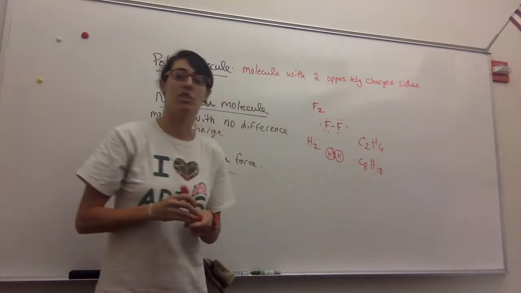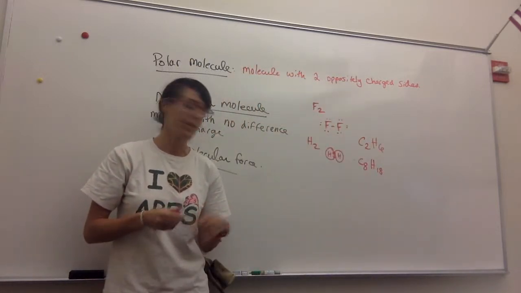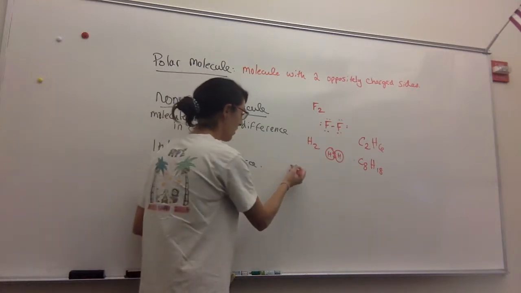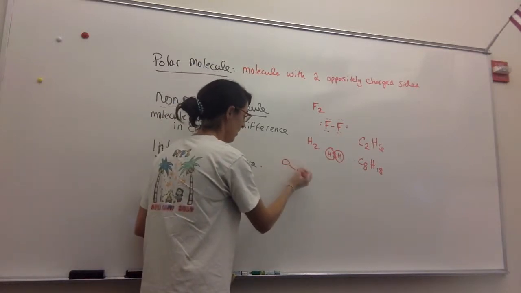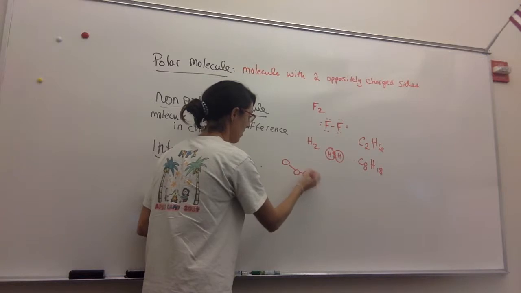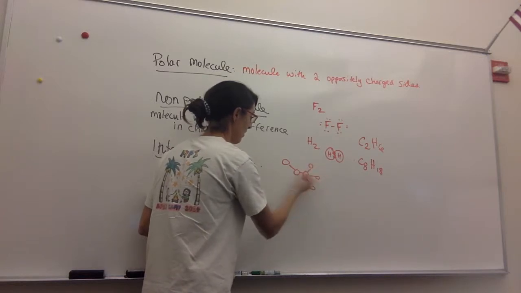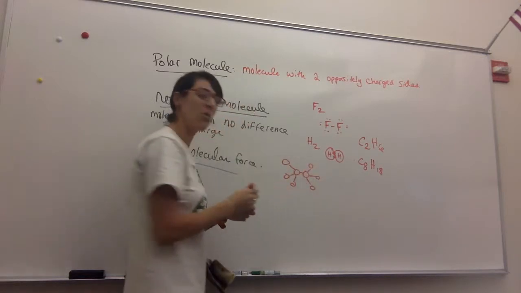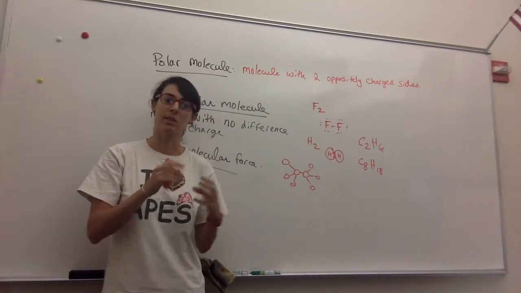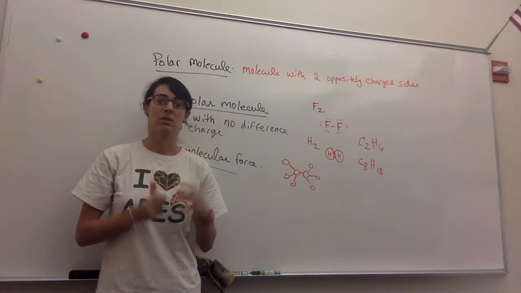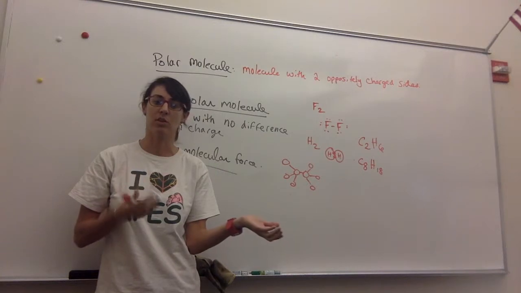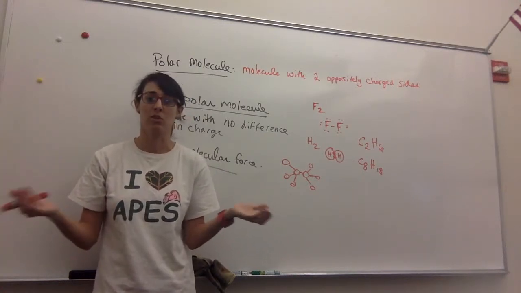Anything with carbons and hydrogens is going to be a nonpolar molecule. And that's because these molecules are just, here's carbon. There's no one area that has more electrons than another area. So there's no one place that's going to have a partial negative charge, and no one place that's going to have a partial positive charge.